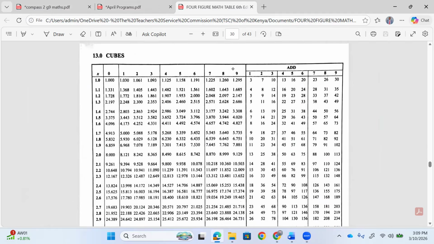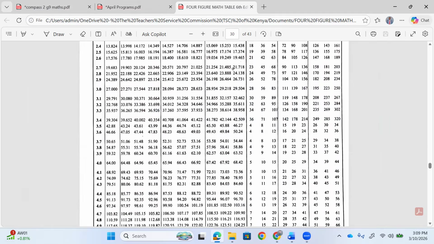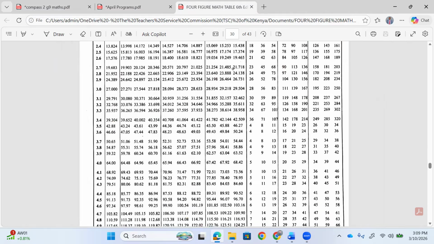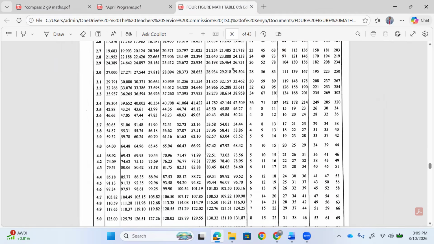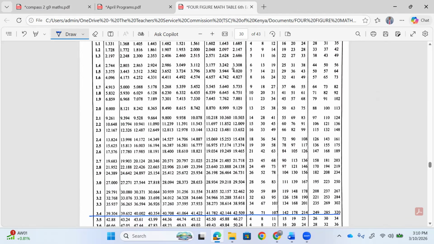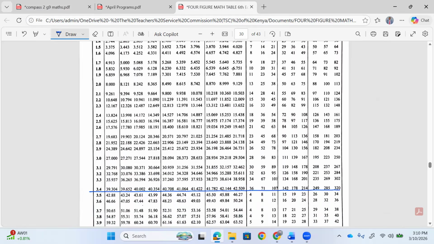Now at the tables of cubes, you read the cube of 3.48. So 3.4, that is the row. Then we check the column that has 8 because it's 3.48. The intersection is on this column.